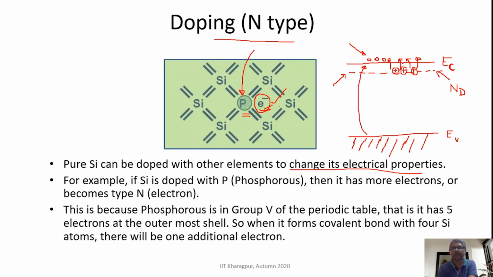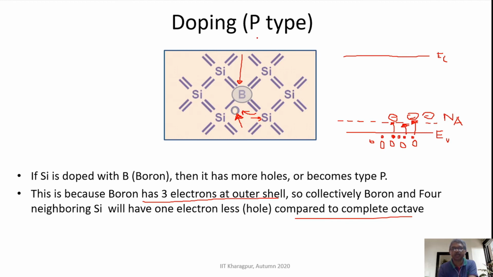Similarly, in case of p-type semiconductor, when we dope silicon with boron, mostly the carriers are holes and they are present in the valence band. But there is hardly any electrons in the conduction band, because to get an electron to the conduction band, you need to give a higher amount of energy so that they can cross this energy gap.